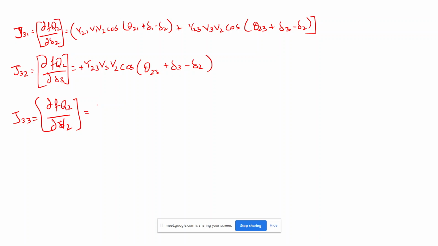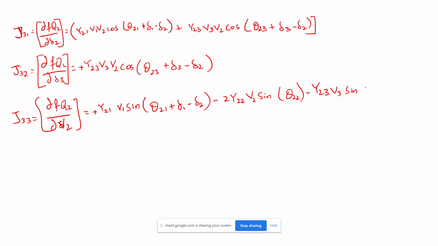And if you derive that equation with v2, then we will get, sorry, it is not minus, y21 v1 sin of theta 21 plus del 1 minus del 2, minus 2 y22 v2 sin theta 22, minus y23 v3 sin of theta 23 plus del 3 minus del 2.